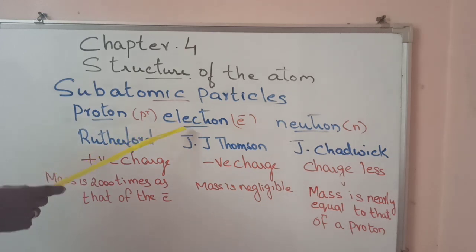Electrons are negatively charged particles and are represented as E-. The mass of an electron is negligible. The mass of a proton is taken as 1 unit and its charge is +1. The mass of an electron is considered to be negligible and its charge is -1.